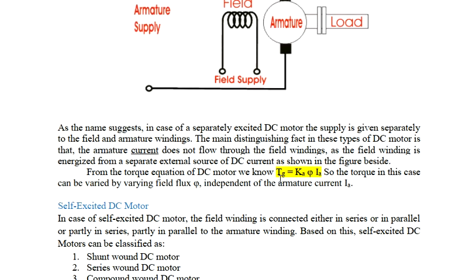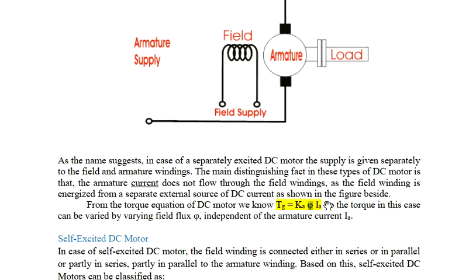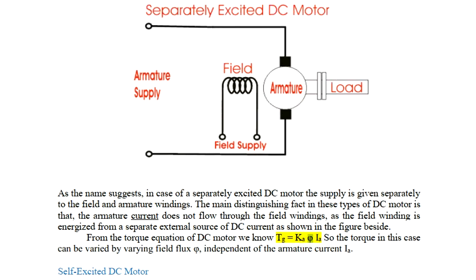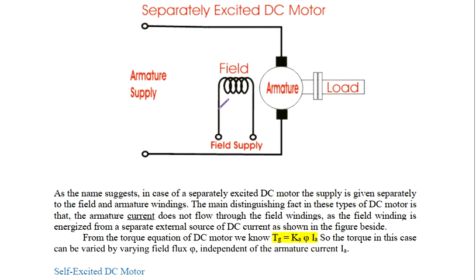So here if you see the torque equation, Tg is equal to Ka phi Ia, right? There we have the torque proportionality with respect to the product of flux phi as well as the current Ia, that is armature current. The flux is produced by the field winding current, and armature current is flowing through the armature. So here we can clearly indicate, this is the field winding current IF, and this is the current flowing through the armature IA.